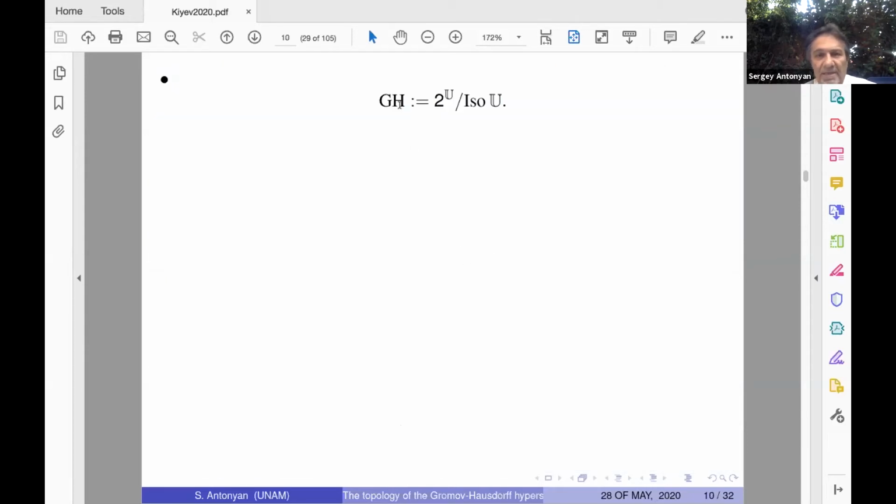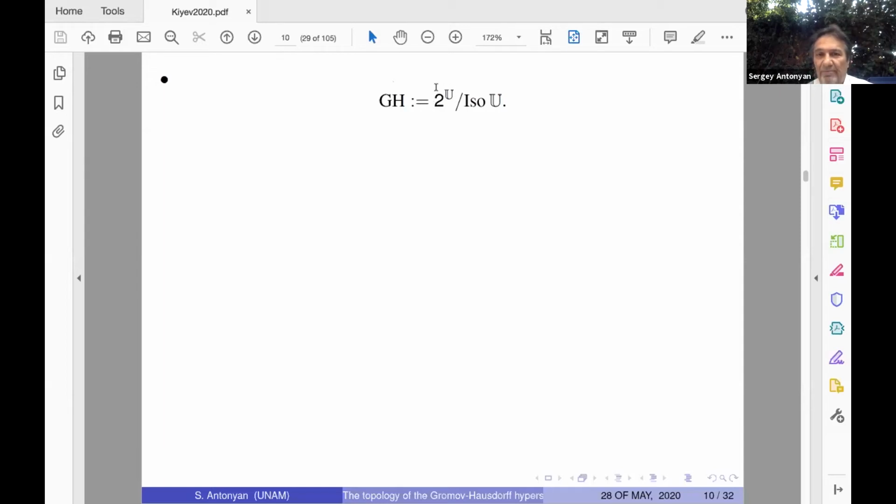So in the second edition of Gromov's book this definition already appeared, and he observed that the Gromov-Hausdorff space is nothing more than the orbit space of the hyperspace of the Urysohn space.